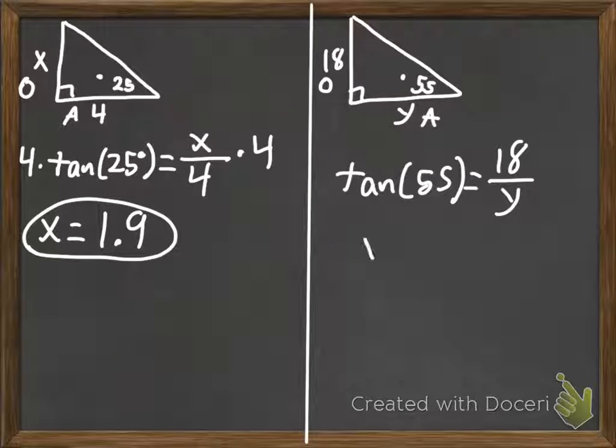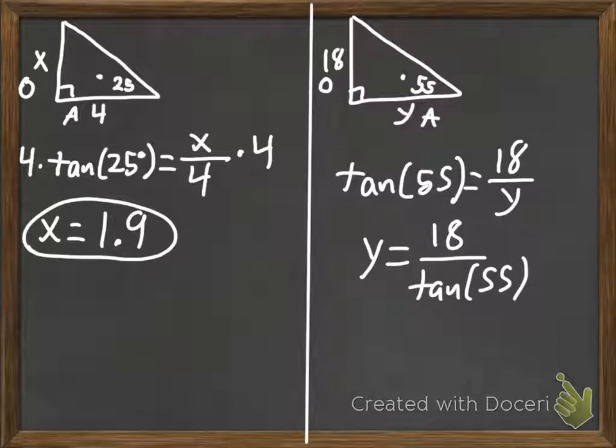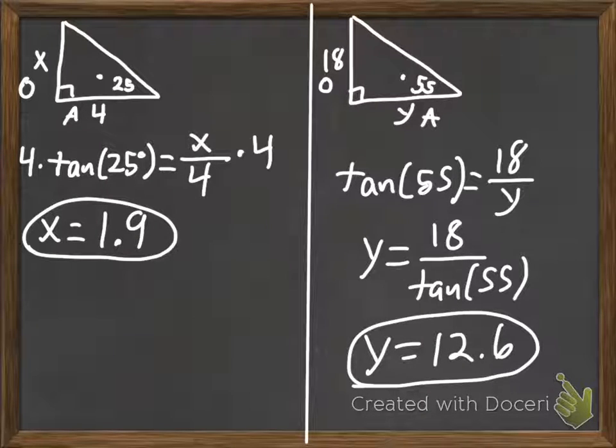Variable's on the bottom, so we switch them. 18 divided by the tangent of 55, and we plug that in our trusty calculator. I got 12.6. So there we go. That's how you use sine, cosine, and tangent to find missing sides.